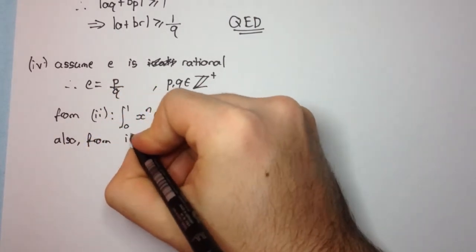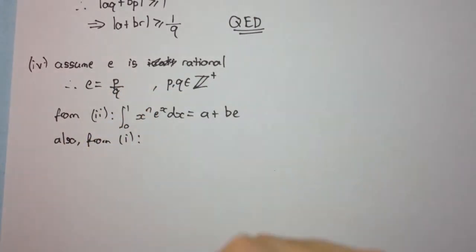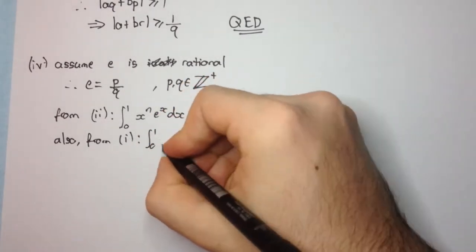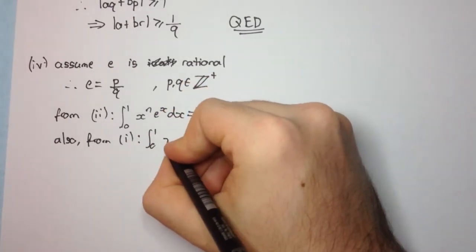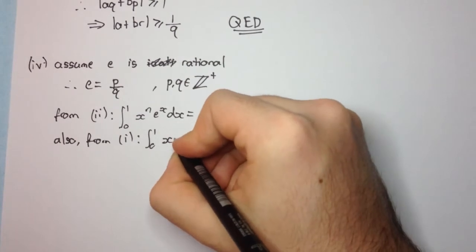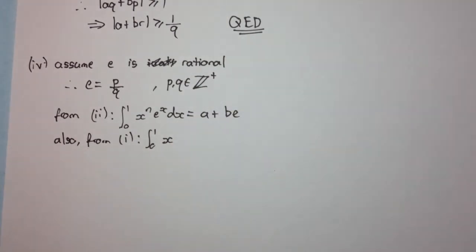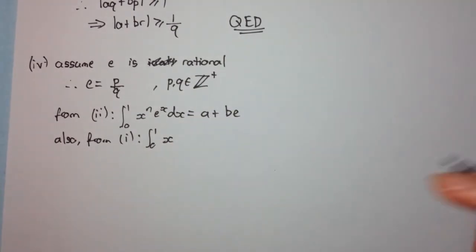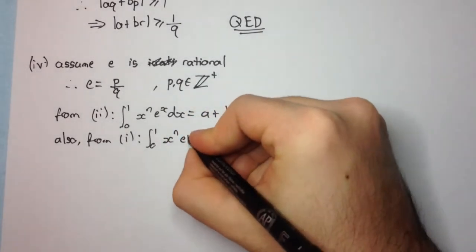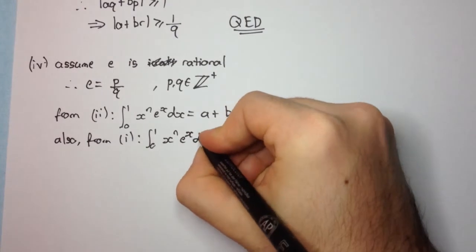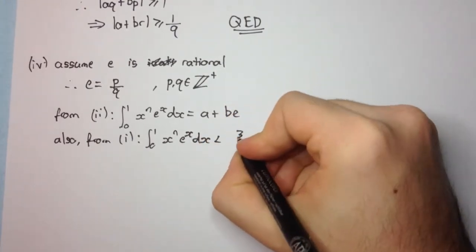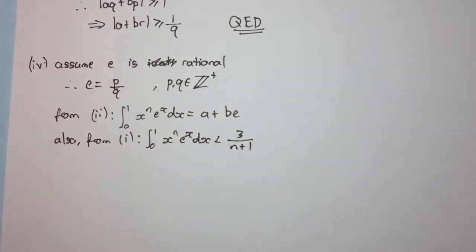And also, from part 1, we have the integral from 0 to 1 of x to the alpha. Now, if I substitute alpha with n, that's not changing the value. It's just a dummy variable. So if I substitute alpha with n, this is going to be less than 3 over n plus 1.